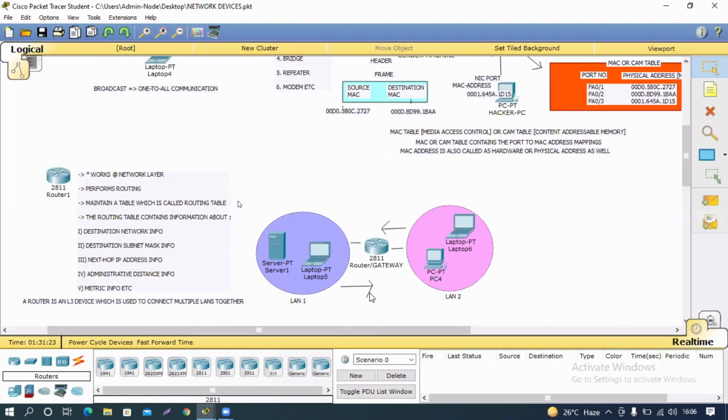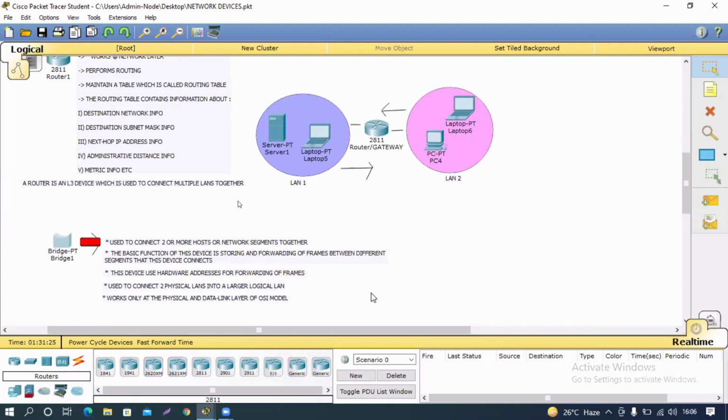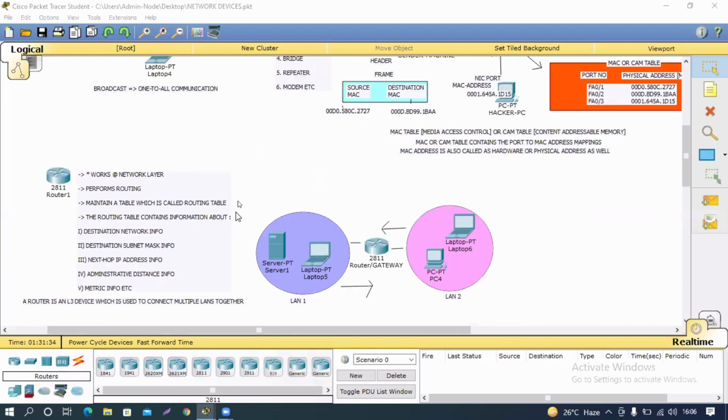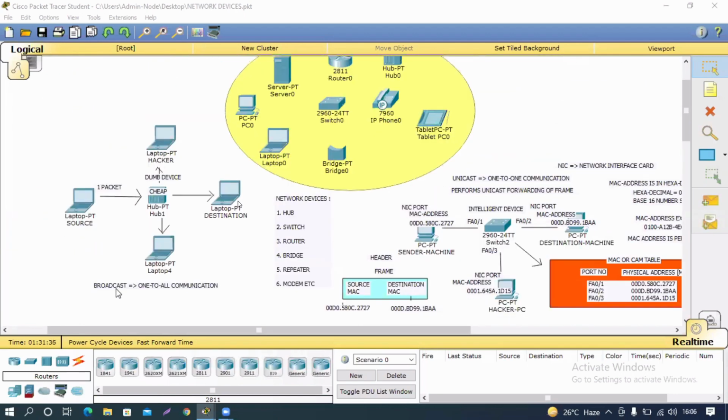Yeah, so is the hub also under the switch category? Does the hub do the same work as the switch? The only difference between hub and switch is broadcast. The hub does broadcast, and the switch does unicast.